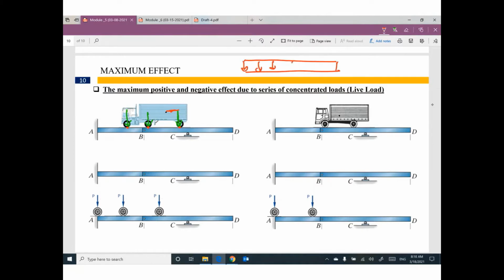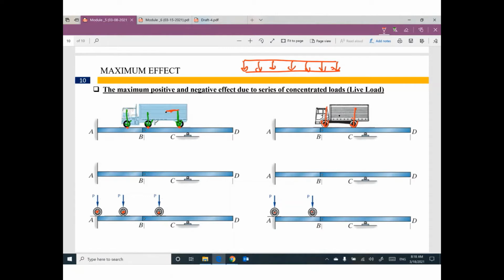Do you know why? Because the truck has only 3-point contact with the bridge. For this truck, for example, we have only 2 points. So the only model that can be used is we will represent this truck by a series of concentrated loads. So for this example, we have 3. For this example, we have 2.